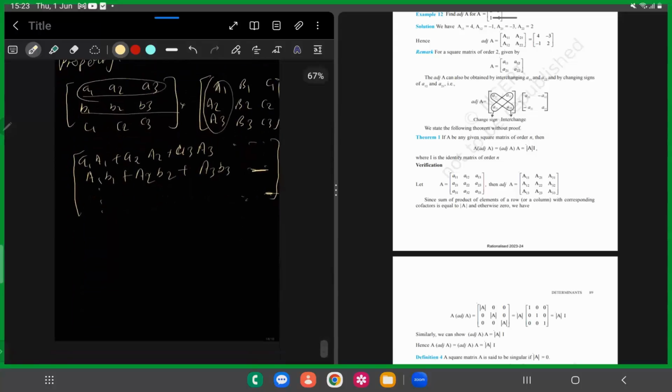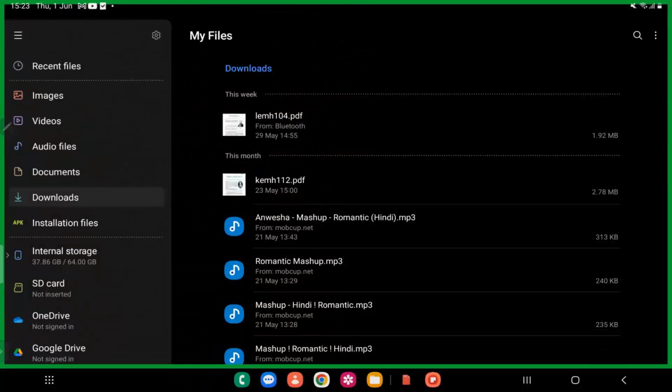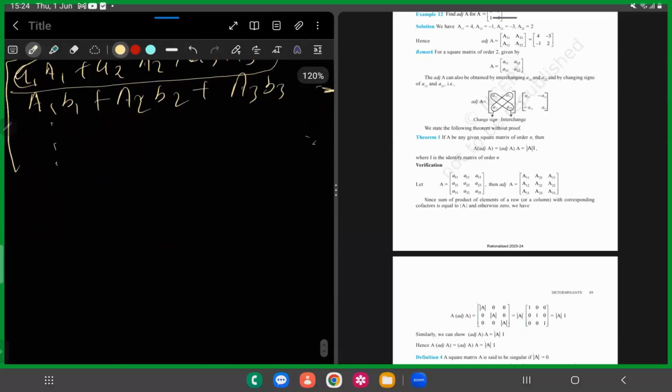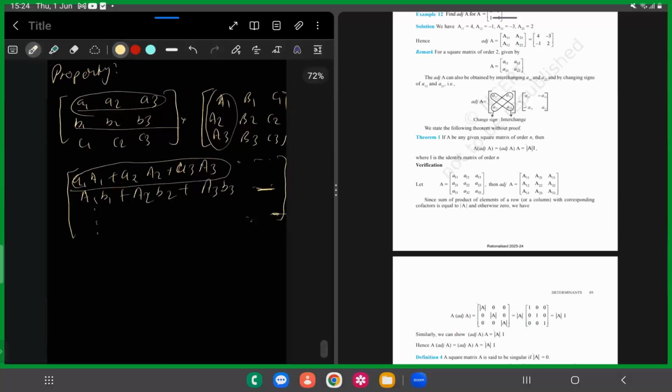If you carefully observe this term, and you remember the concept of the determinant, then you know this is nothing but the determinant of the given matrix. Because how we calculated the determinant: we multiplied the first term with its cofactor, the second term with its cofactor, and the third term with its cofactor. So this is nothing but the determinant of A.